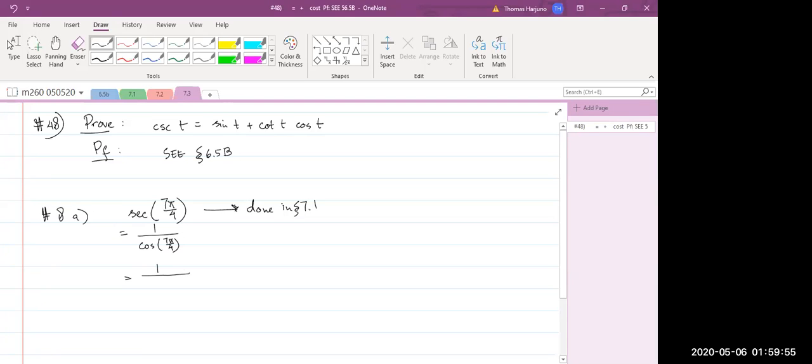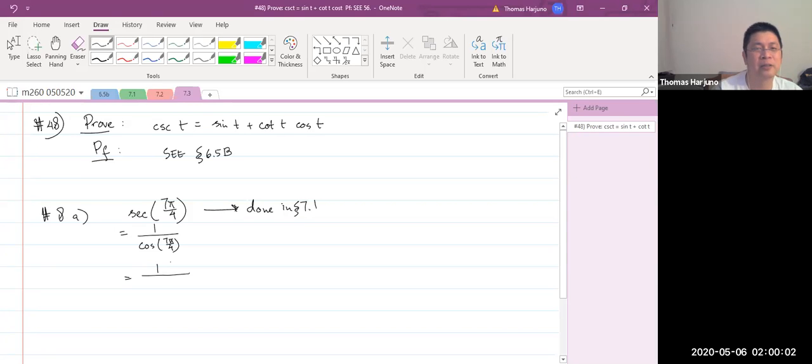Third or fourth. The cutoff for quadrant 3 and 4 is 3 pi over 2, which is 1.5 pi. Now this one is 1.75 pi, right? So it's quadrant 4. Cosine is positive in quadrant 4, reference angle is pi over 4. So this is 1 over radical 2. That's radical 2.